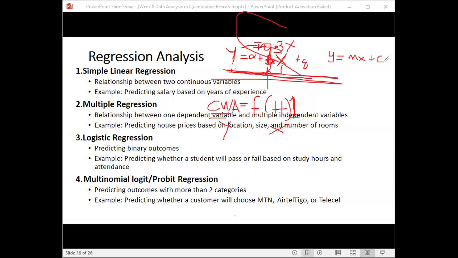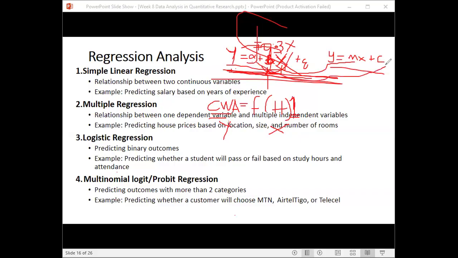In our senior high or O level or A level, whatever we did, this was what we learned. That's a linear equation, right? So the equation of a line is giving us this. And it's the same thing that this regression is giving me. The bx here, or beta x here, is the mx here. The alpha here, which is a constant, or the intercept, is the c here, right?